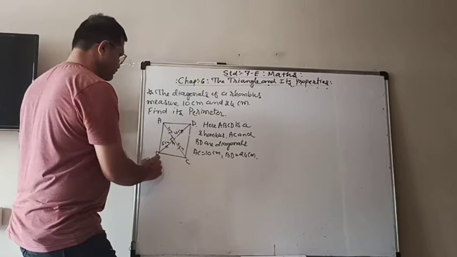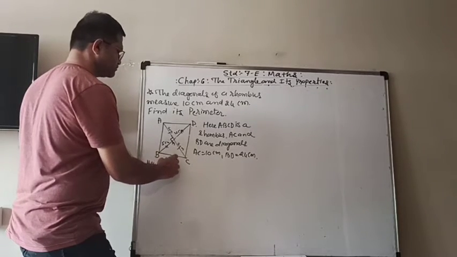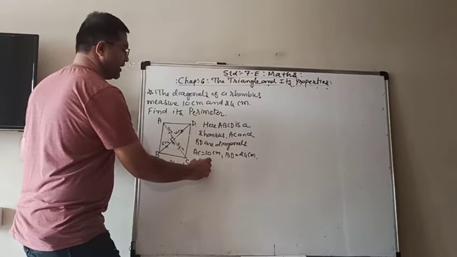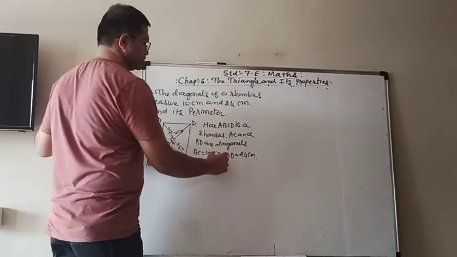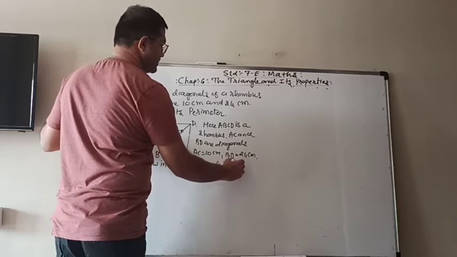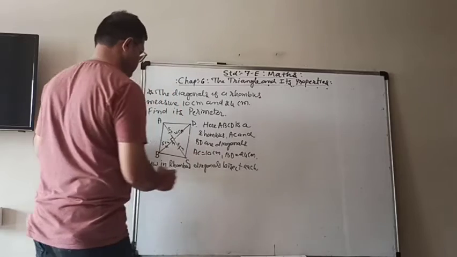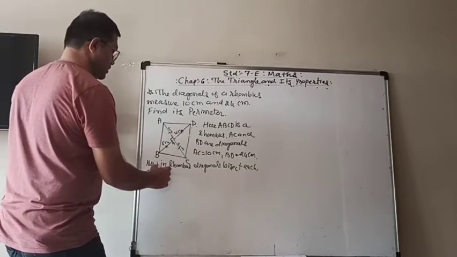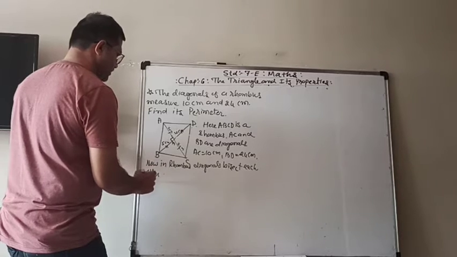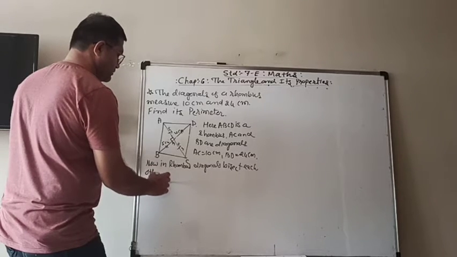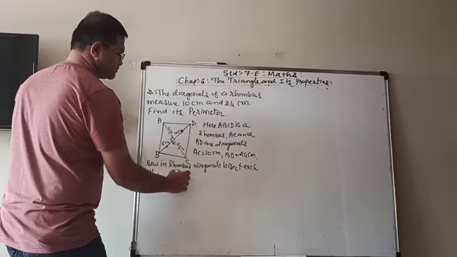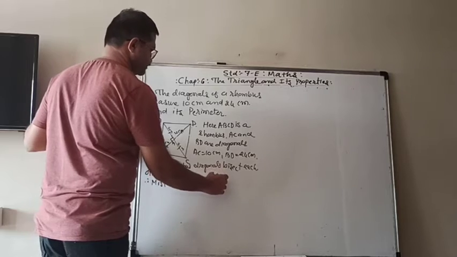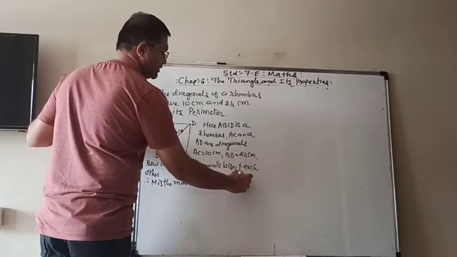Now we know that in a rhombus diagonals bisect each other. Therefore, M is the midpoint of both AC and BD.